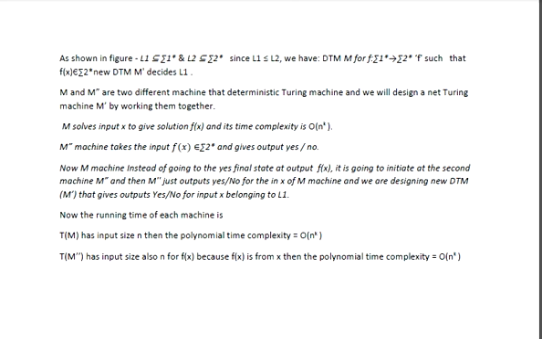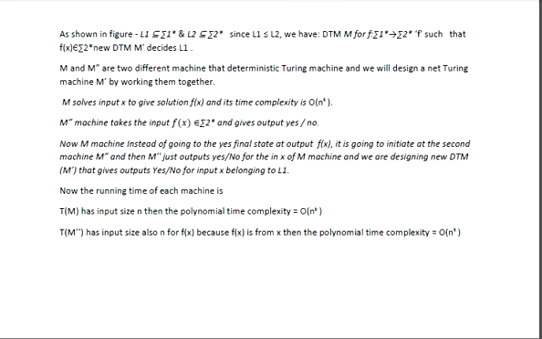Now the machine M, instead of going to the yes final state, gives the output, and it initiates the second machine M double prime, which is just giving the output yes or no for the input x, and we are designing the new machine M prime that gives the output yes or no. Now the question is, what is the time complexity?